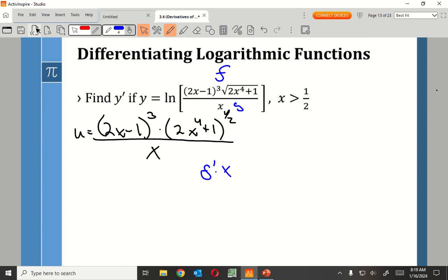X minus g prime. What is g prime? Times f, which f is going to be all of this, right? All that divided by x squared, that's my g squared, right? There you go, like that.